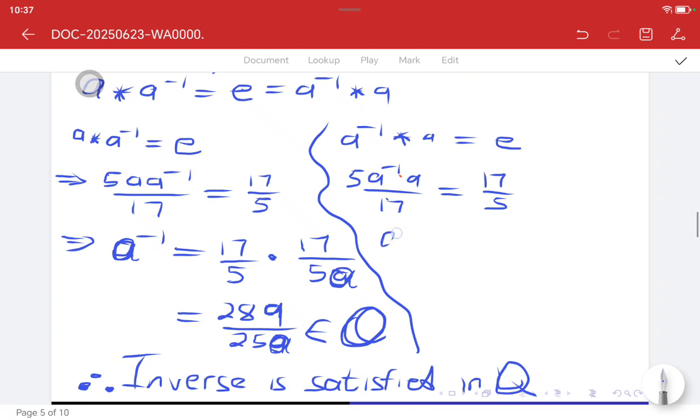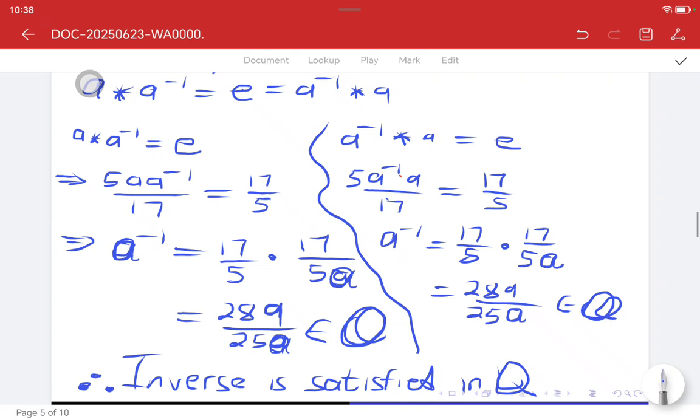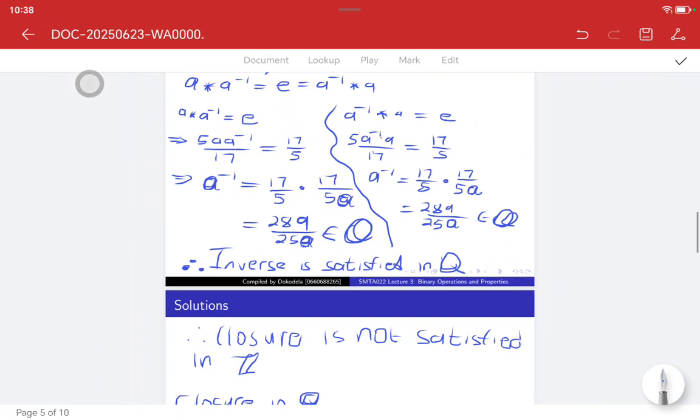So here still we're going to get that this will be equal to 17 over 5 times 17 over 5A, and this will be equal to 289 over 25A, which is also an element of Q. So we agree that these two are the same. Therefore, the law of inverse is satisfied in Q.